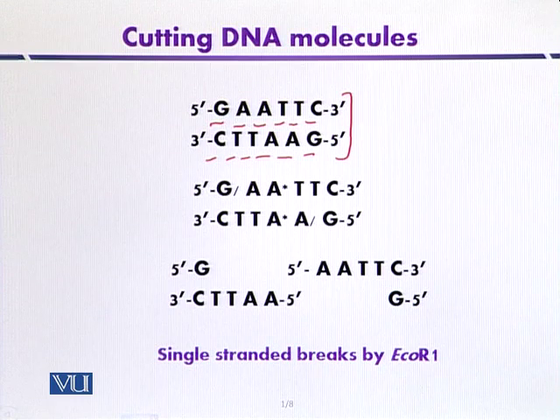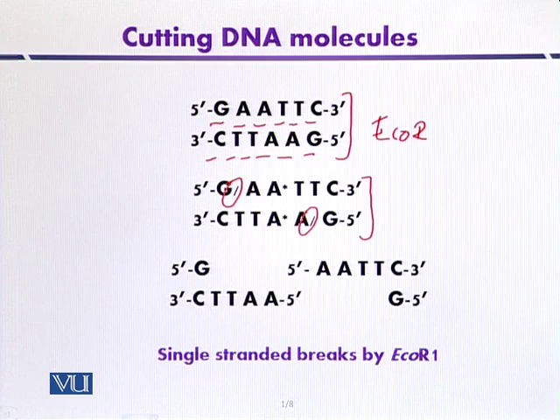Next, the cutting site is indicated by the forward slash. These are the cutting sites where the EcoR1 restriction enzyme can cut the DNA. And the asterisks indicate the position where adenine can be methylated by the separate methylase activity of EcoR1.